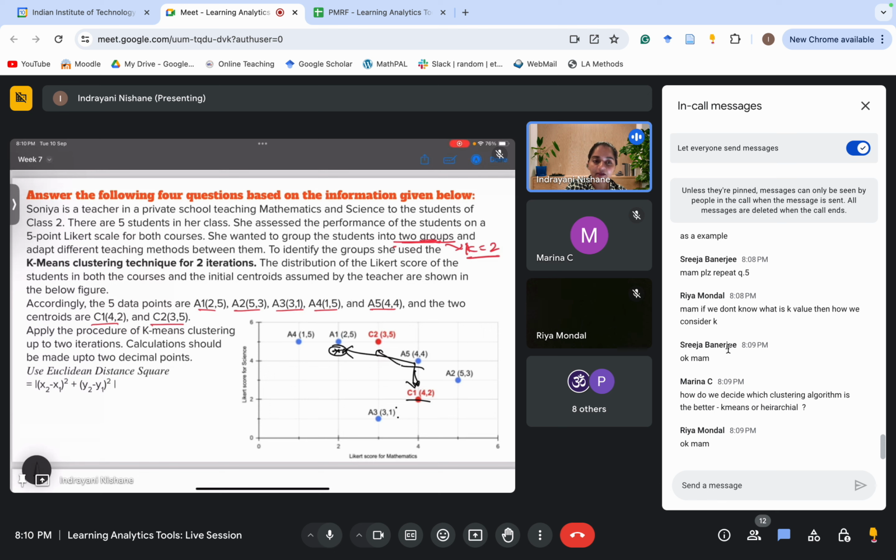Similarly, when we know the k beforehand, when we have the number of clusters pre-decided, then we can go with k-means clustering. Hierarchical clustering is different: it will either reach the root of the tree, or, when each individual data point is considered a separate cluster, it will keep on dividing.